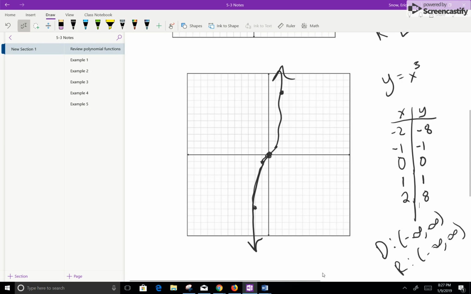Now, as we go in to your first example here for 5.3, it kind of dives right in without actually talking about what those parent functions of radicals look like. So I actually want to kind of touch on that first.